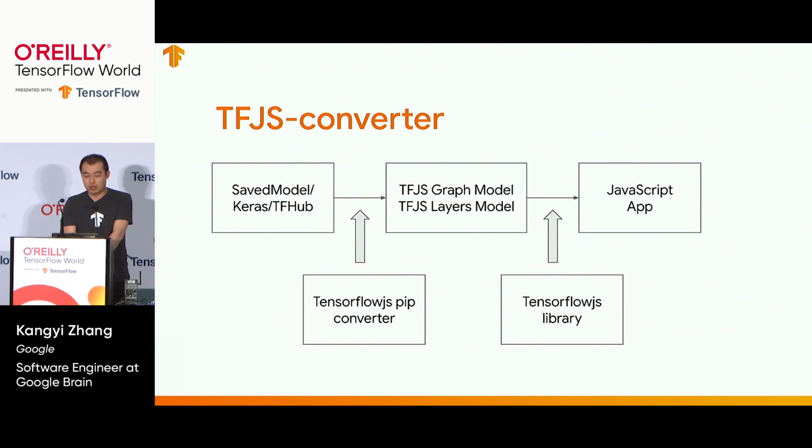To use a Python model, first use the command line conversion tool we provide to convert the model into JavaScript-friendly format. And then the converted model can be loaded through the TensorFlow.js API in JavaScript applications. And then finally, you can use the model in the same way as the model we provide.